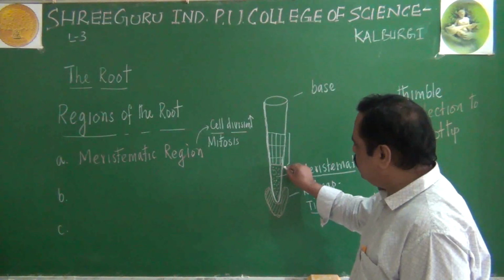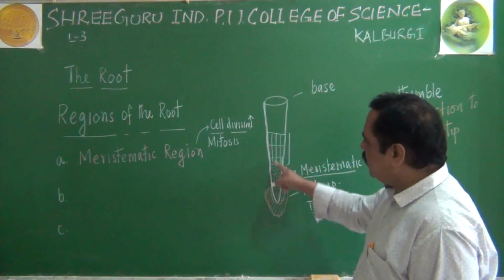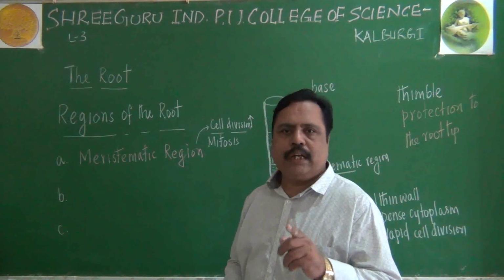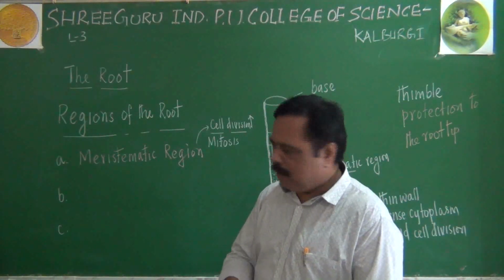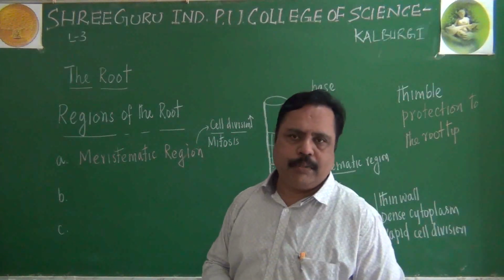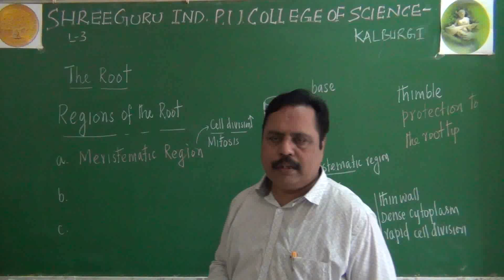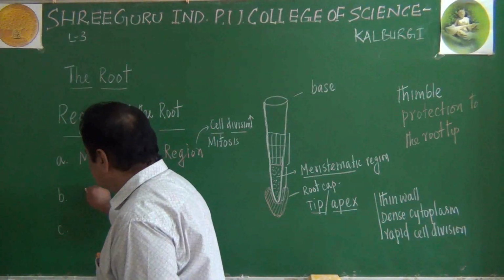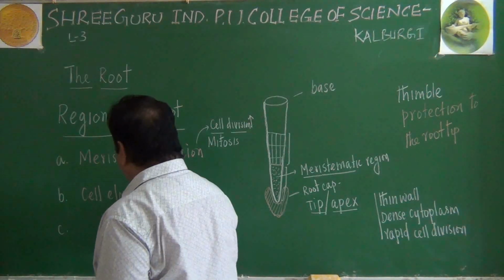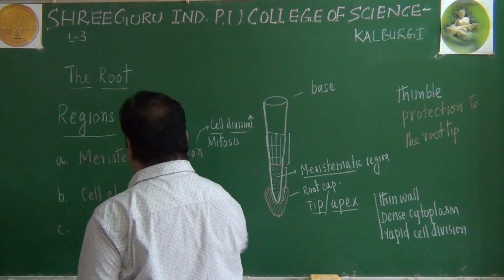This is the second region, and this is the first region. Now the second part is called the region of cell elongation, or otherwise the zone of cell elongation. The first region is called the meristematic region. The second region is called the cell elongation zone, or cell elongation region.